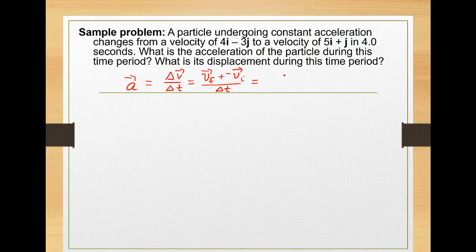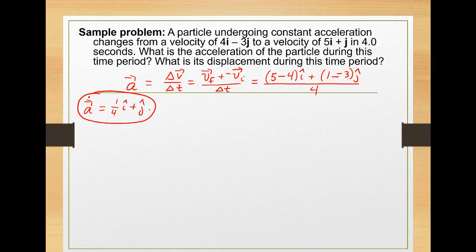Okay, so this is going to be v final is going to be 5 and then minus 4 in the i hat direction, and then we're going to have 1 minus negative 3 in the j hat direction, and that's all divided by 4. So that means that our acceleration is going to be basically 1/4 i hat plus j hat. Okay, so that's the acceleration.